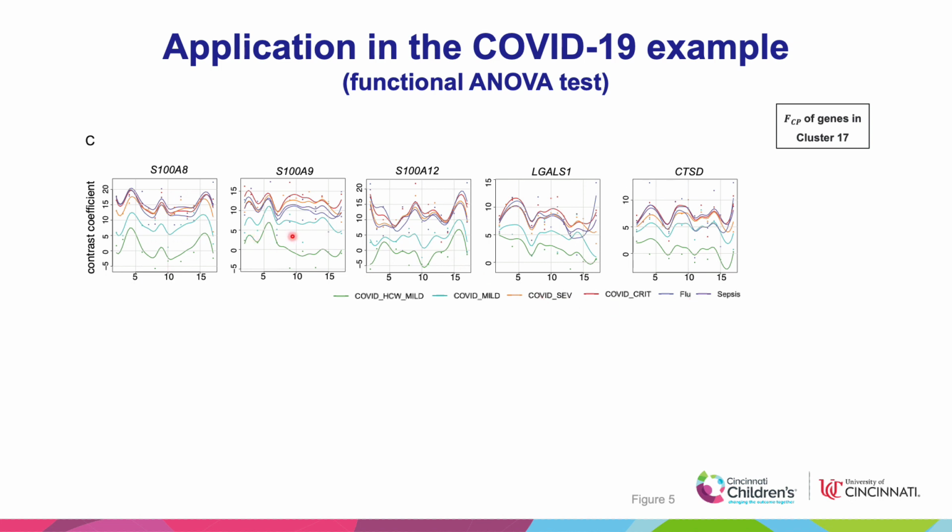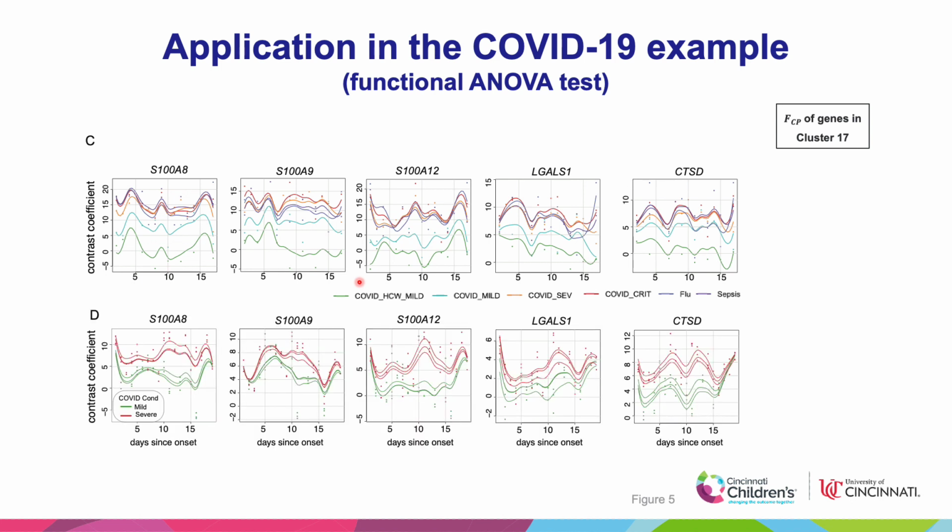These 5 genes are consistently more upregulated across time points in severe conditions. And we applied the functional ANOVA test again to another very large-scale COVID-19 example, and we found the same trend for those 5 prioritized genes that we found in the first dataset.